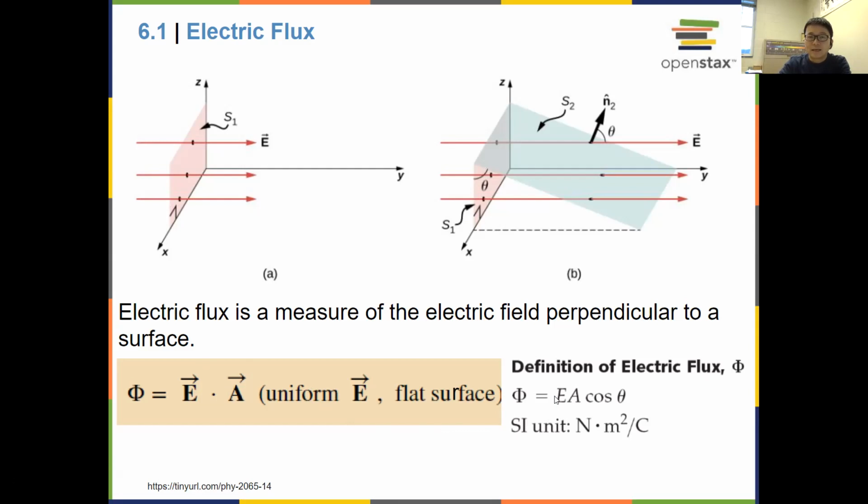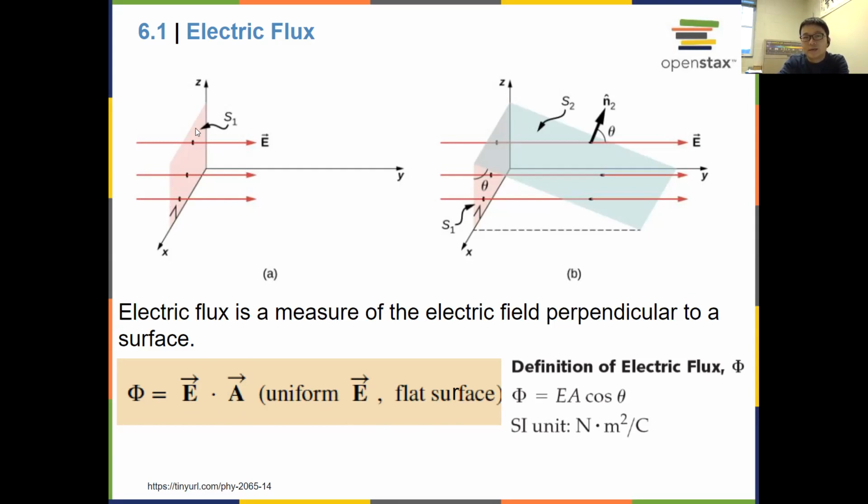Because the dot product is a scalar, it does not have a direction. So electric flux is a scalar, the dot product of two vectors, the electric field and the area vector of the particular surface. It depends on E and A if they have an angle of theta.